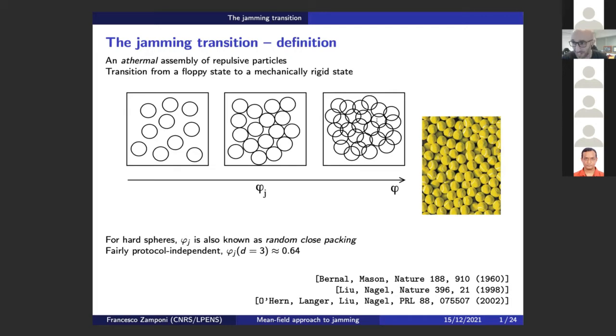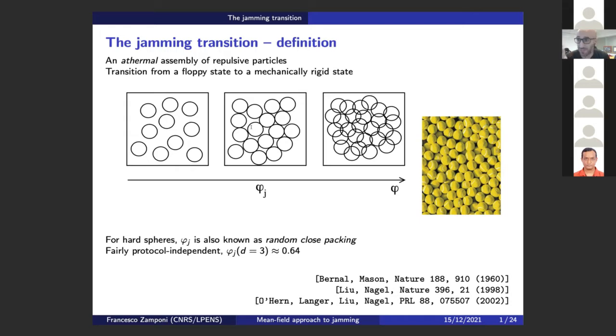If the density is very high, then they will interact a lot, and you get something that is rigid. And the non-trivial observation, which was obtained mostly by Liu and Nagel and co-workers in this series of papers, is that there is a critical point in between these two phases.